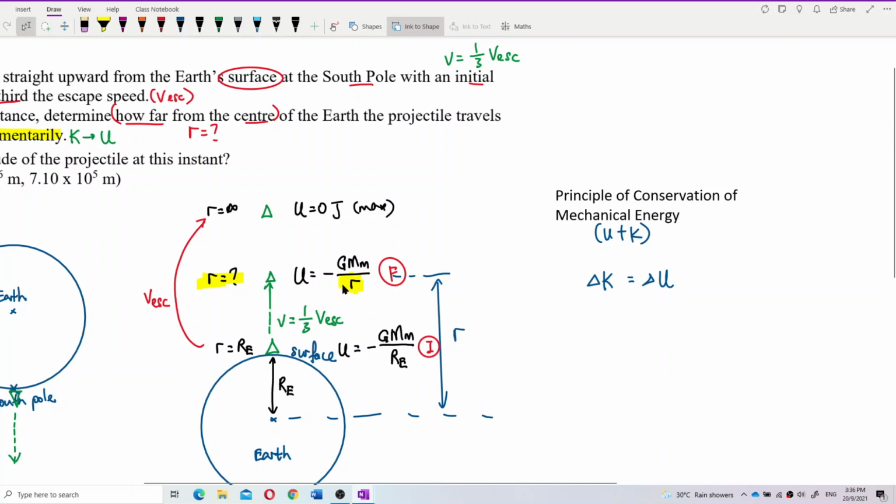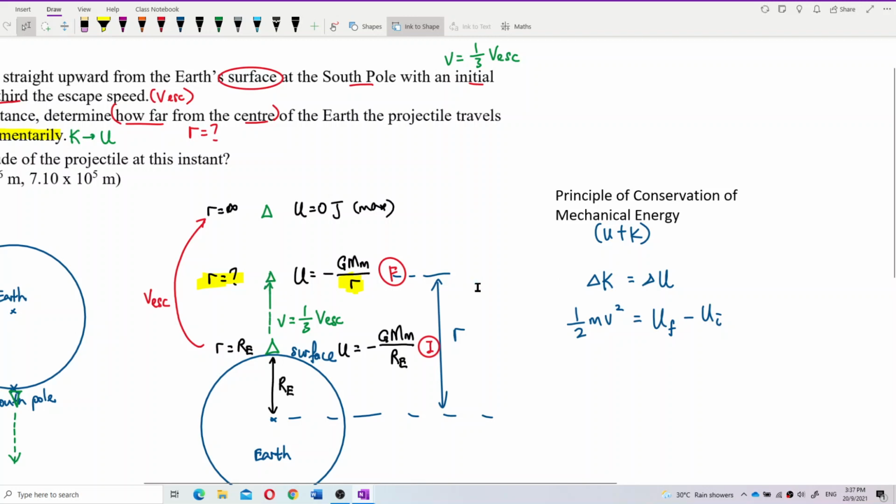So how? Initially it has kinetic energy because it is ejected with this speed, 1/3 of the escape speed. So at the initial position it has kinetic energy. We put 1/2 mv squared equal to the change in potential energy, so we use U final minus U initial, because that is the difference in potential energy between these two points.